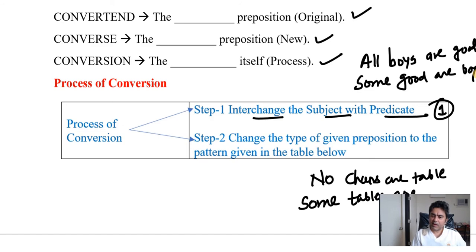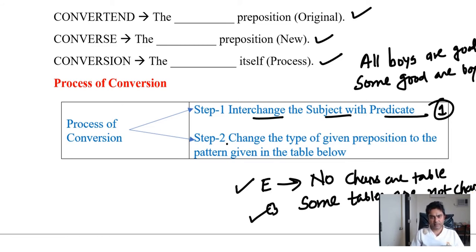So A, we can go to I, that we already discussed. E, you can go to E. Some chairs are table, then some chairs are tables. You can also write some tables are chairs.